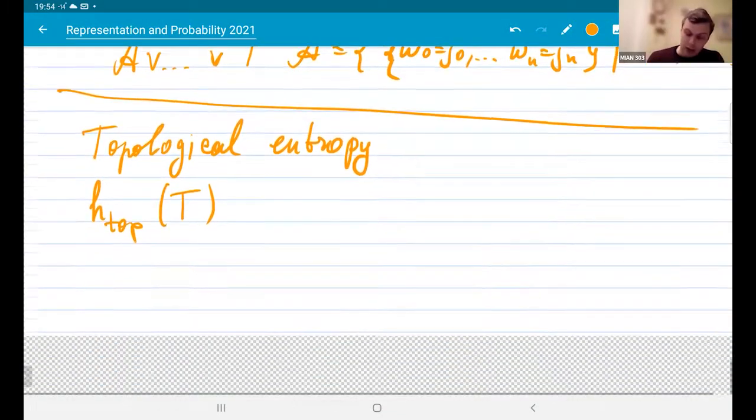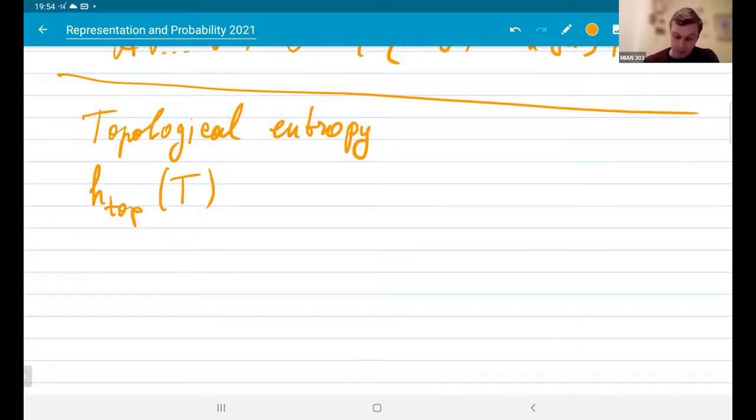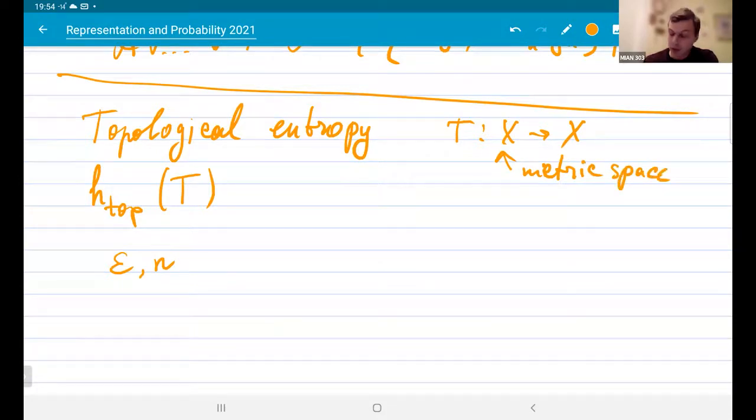So the construction is the following. Let us fix epsilon and n. My map T now acts on a metric space X. I can consider a set of points, an epsilon-n net.